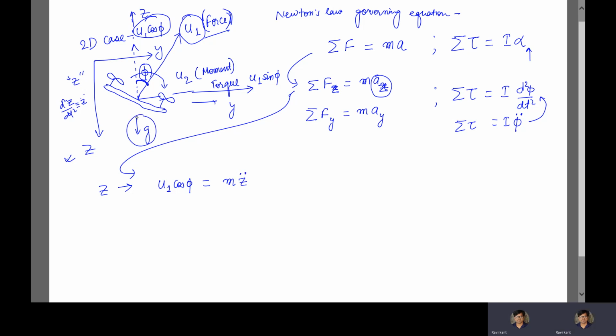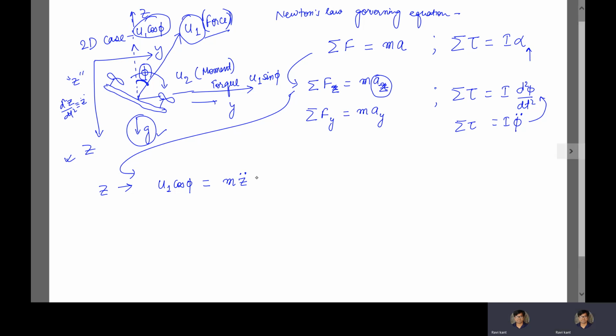There is also a force acting on this quadcopter, that is mg in the positive z direction.